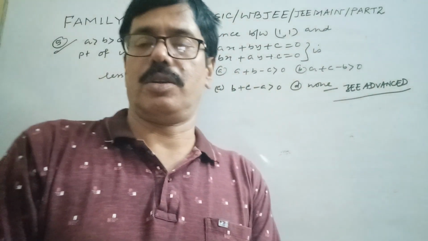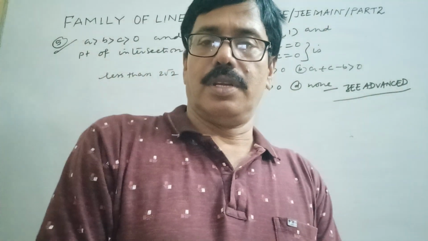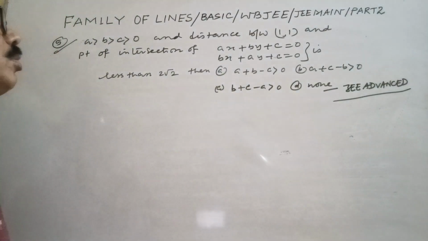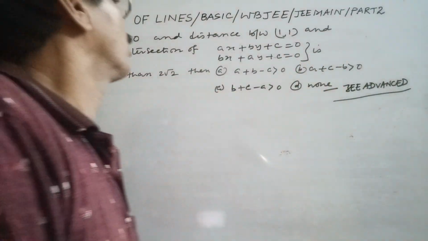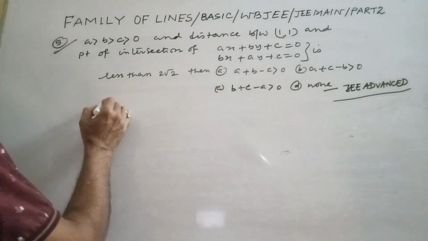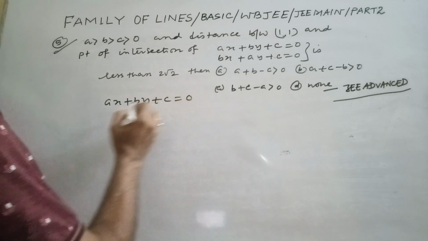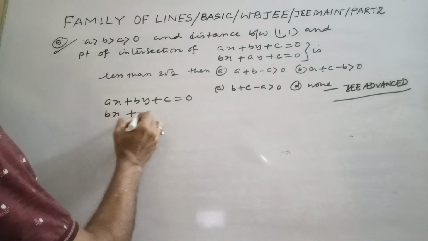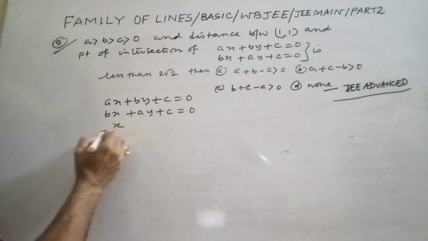So this is one method, and I have already discussed it. You can also find the point of intersection, then proceed. Now ax plus by plus c equals 0 and bx plus ay plus c equals 0.